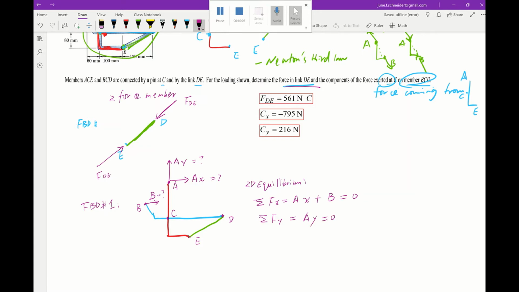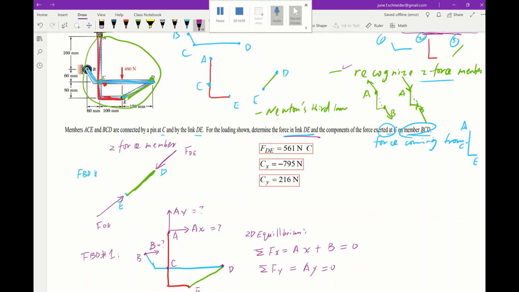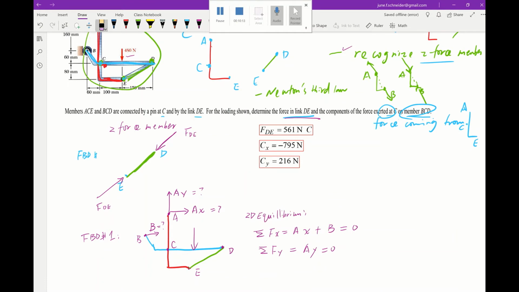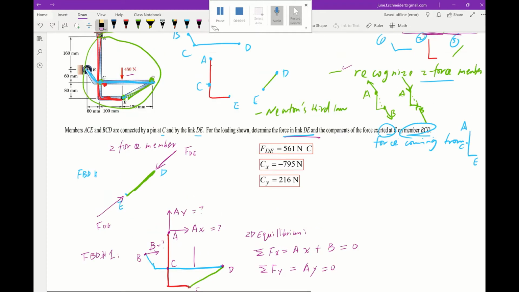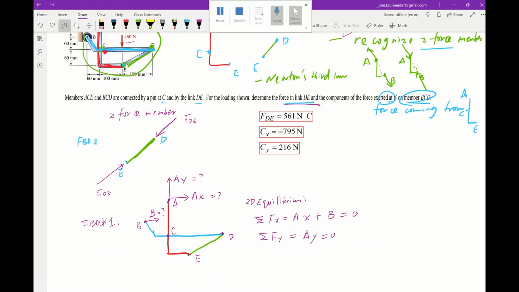I think I missed one force here. I forgot that 480, so I'm going to put 480 right here. And 480 seems to be exactly on the top of E, so oops. Okay, so I'm going to draw that force at E right there.